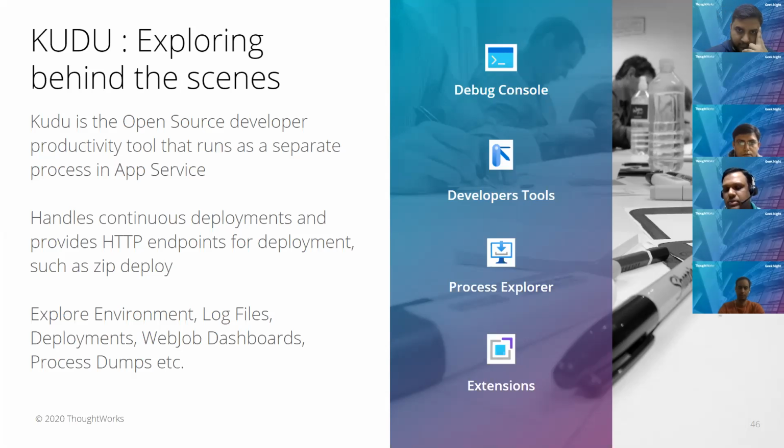We can monitor them using these developer tools. It also provides a process explorer, which displays the current state of all the processes running in the app service, and thereby we can monitor them more efficiently. Finally, it also provides a feature called extensions, through which we can extend the default functionalities of Azure App Service with new ones.